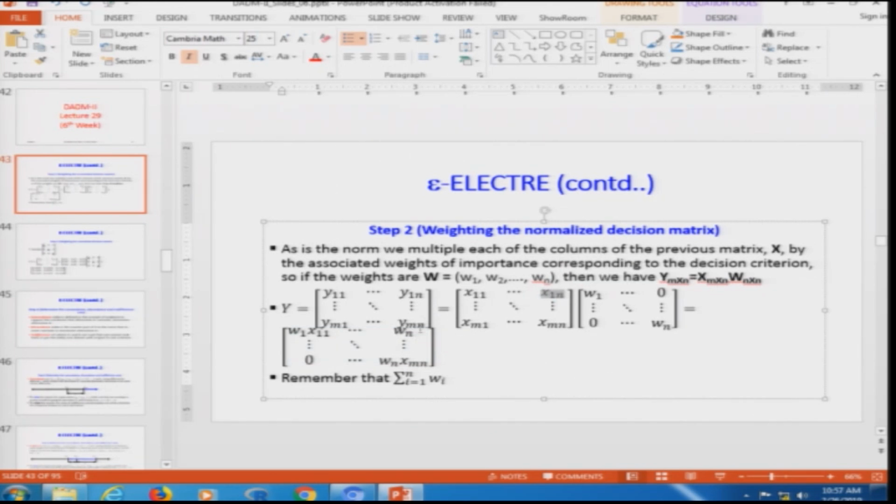My apologies, there was a typo here. So, all the cells have values, they are not 0 as pointed out, and the last one would be xm1 into W1. So, these are the values, my mistake.